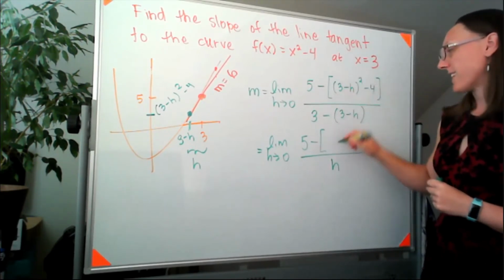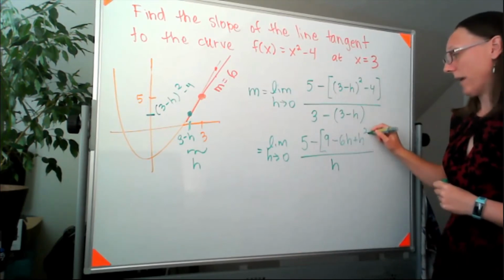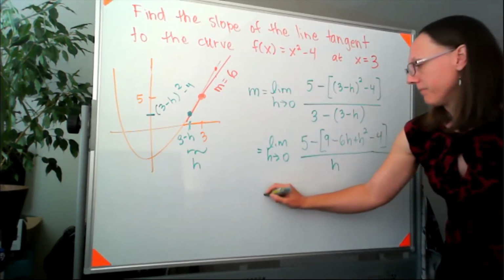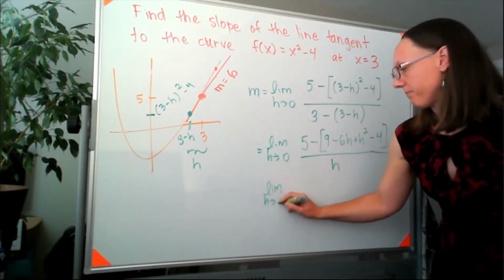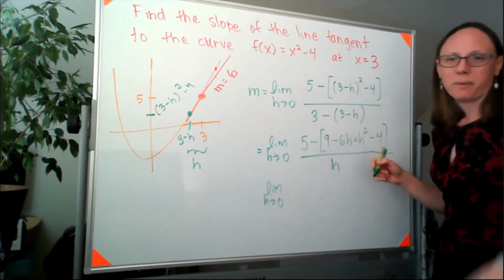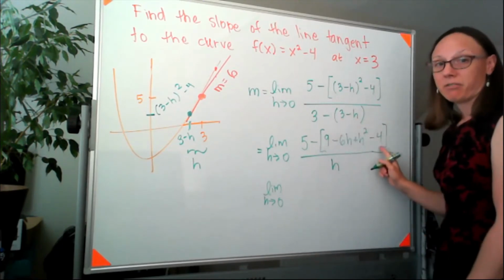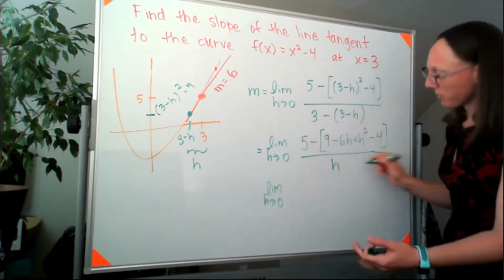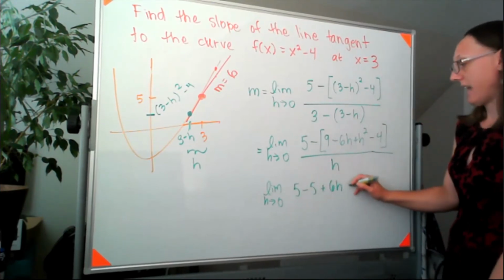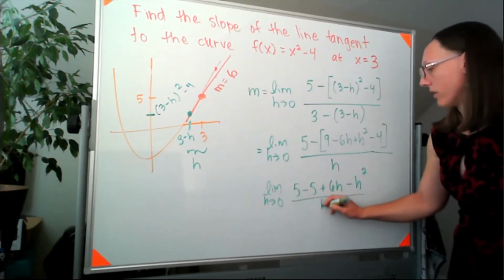So if I FOIL this out, I would have 9 minus 6h plus h squared, and then we've got minus 4. I've got 9 minus 4, so that's going to be 5. And then I'll distribute the minus sign through. So I'll have 5 minus 5 plus 6h minus h squared all over h.